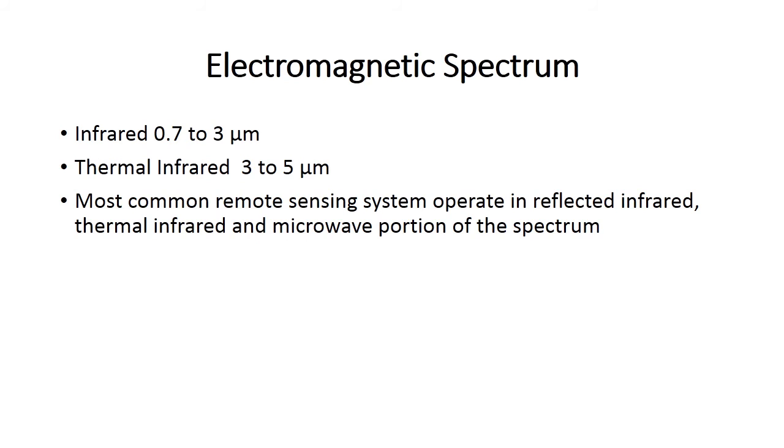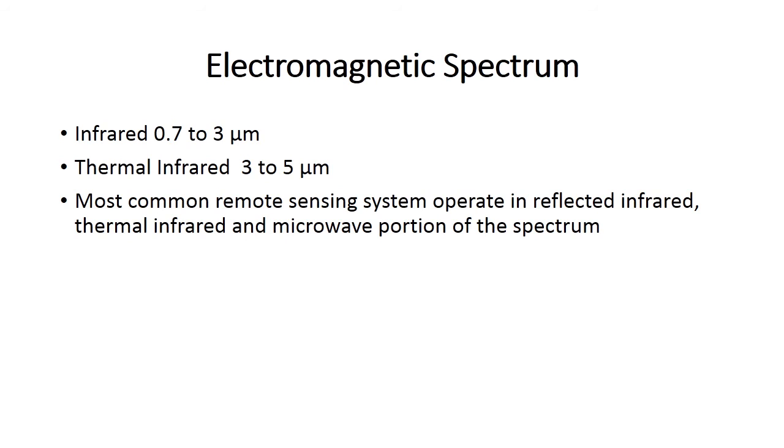The reflected infrared part may be further subdivided into near infrared and middle infrared portions, that is NIR and MIR portions. The most common remote sensing systems operate in one or more of these: reflected infrared, thermal infrared, and the microwave portion of the spectrum.